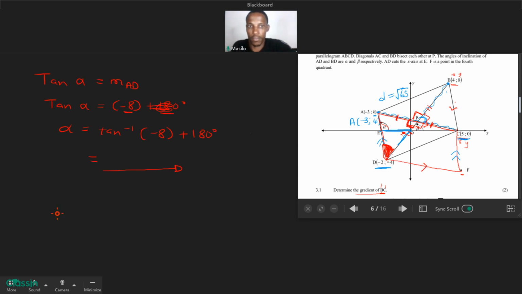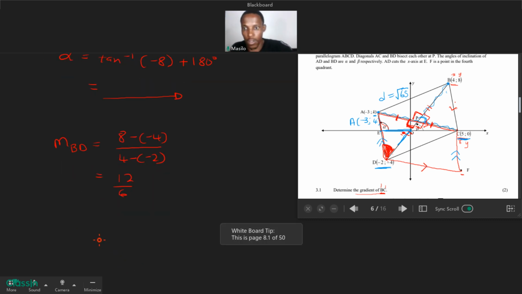And then we can say the gradient of BD is equals to 8 minus negative 4 over 4 minus negative 2, which in this case is 12 over 6, is the same as 2. Now we know the gradient of line BD, which is 2.